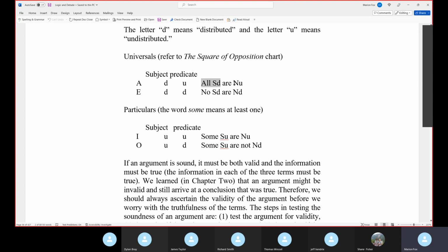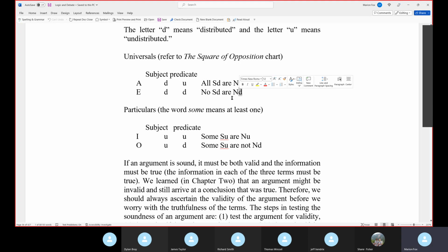The second part, the part that goes after the word are, or the linking verb, is undistributed. For an E-type proposition, no S is N, both of them are distributed.